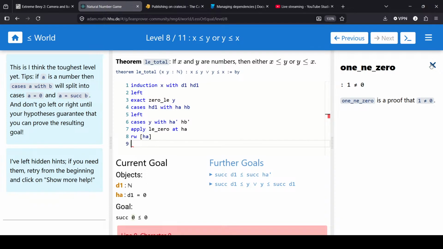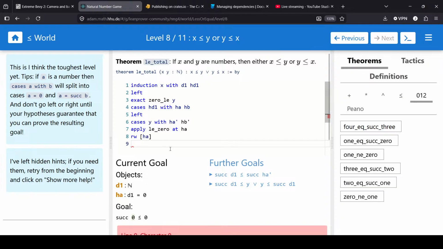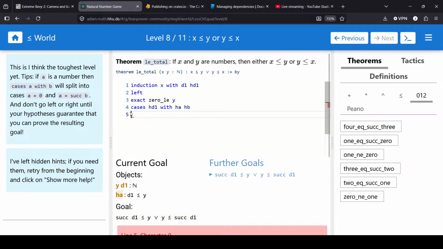I mean, if the goal is clearly nonsense, then why wouldn't you be able to? If that's the case, and I'm not allowed to do this, then clearly I've already... So that means I can't do this. I think that's what that says.